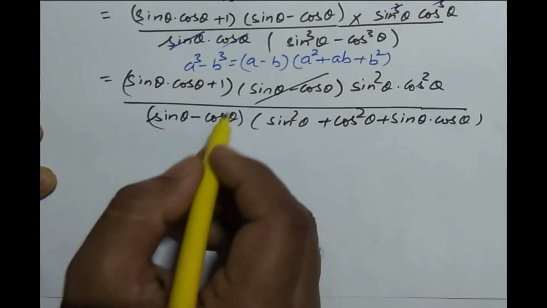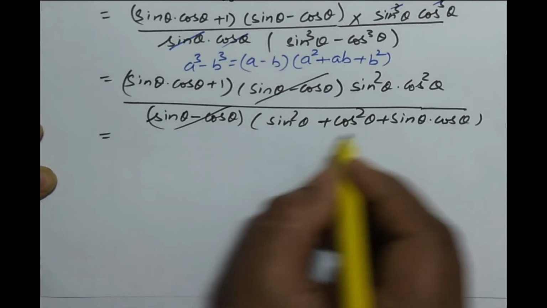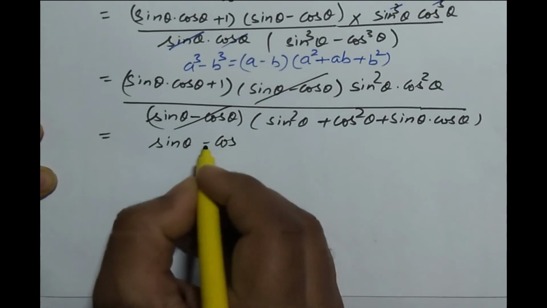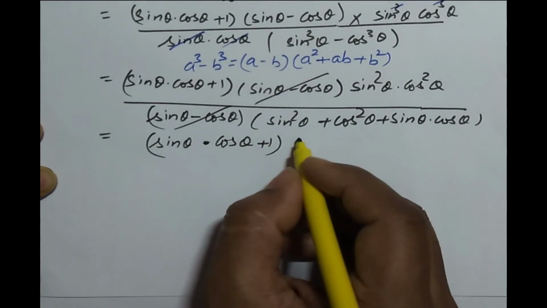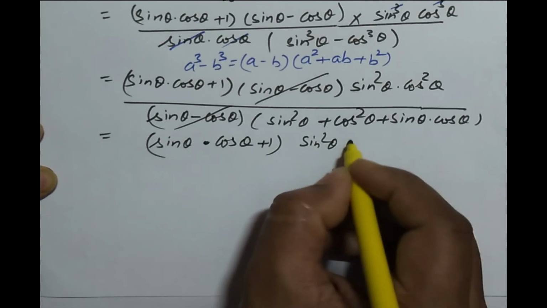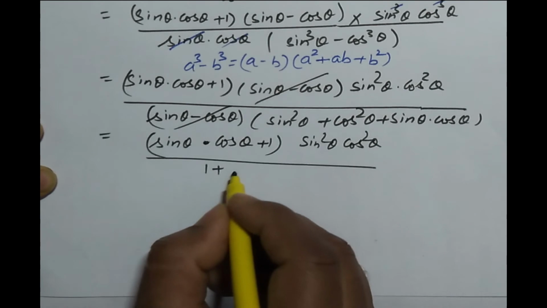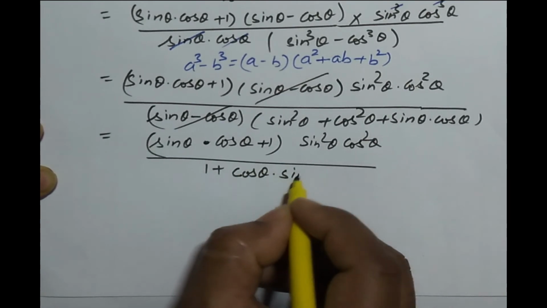Now you can see this can be cancelled, and after making this 1, this will become sine theta into cos theta plus 1, this is the first bracket, and this is sine square theta into cos square theta, and this is 1 plus cos theta into sine theta.